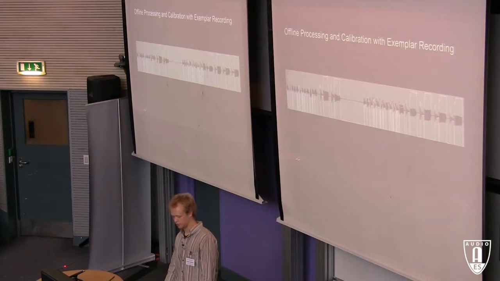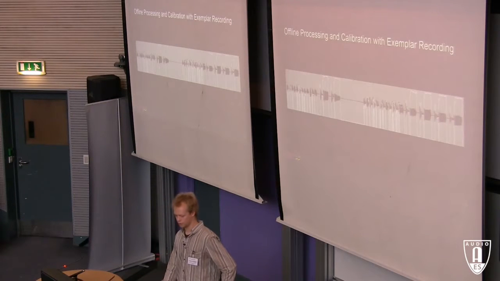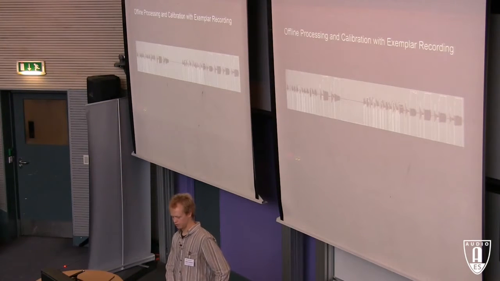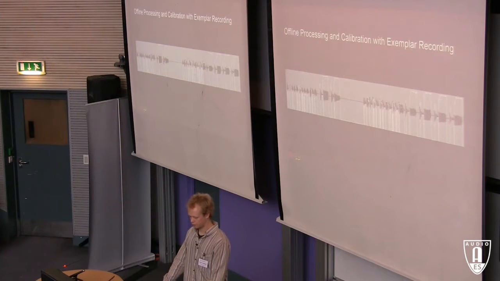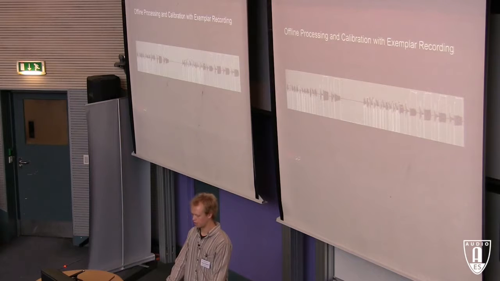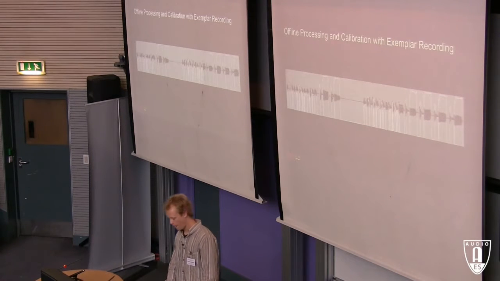So my solution is to analyze a sample of the expected input signal in advance. This a priori information reveals the effective dynamic range of each audio feature for a particular performance, enabling feature normalization and the detection and elimination of outliers during real-time operation.